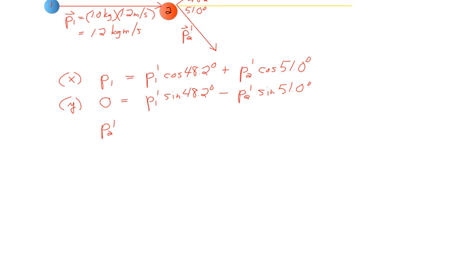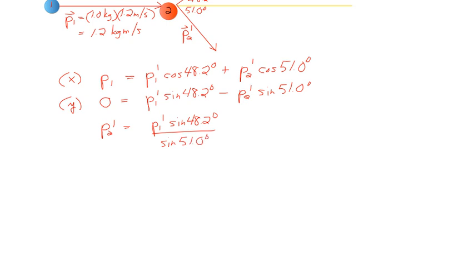So P2 prime, if I move this term to the other side, it would be positive. So I'd have P2 prime times the sine of 51 would equal this. So if I'm isolating P2 prime, it's going to be P1 prime sine of 48.2 degrees divided by the sine of 51 degrees.